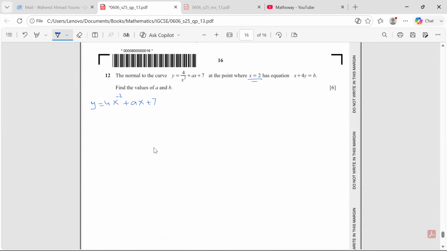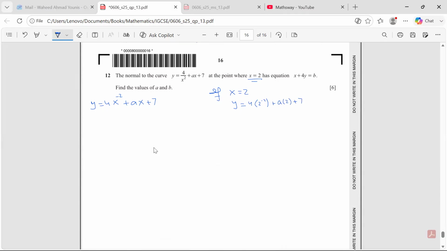Okay, if x is 2, what's the value of y? From here you can see it is 4 over 2 squared plus a times 2, plus 7. Am I right?